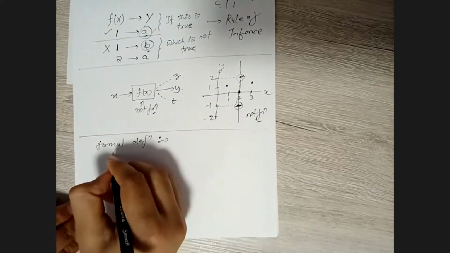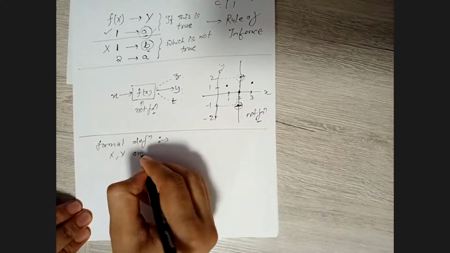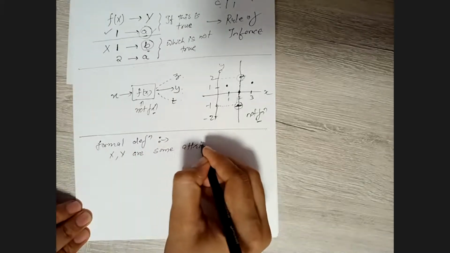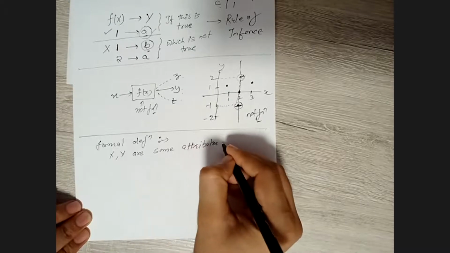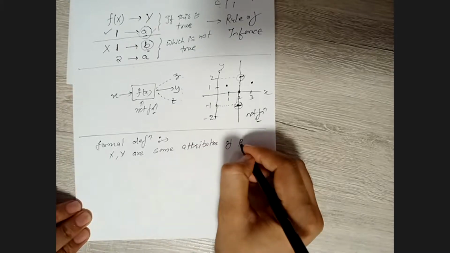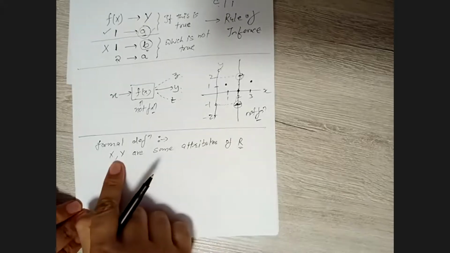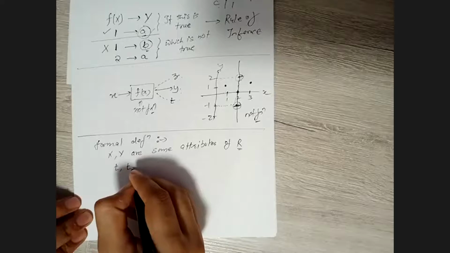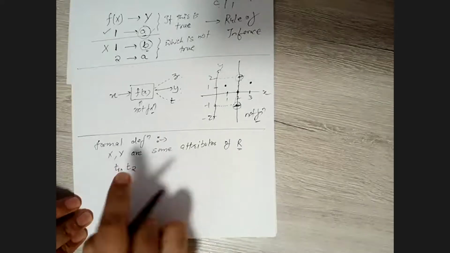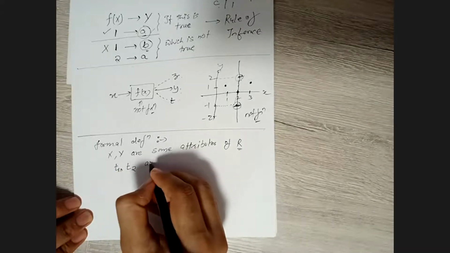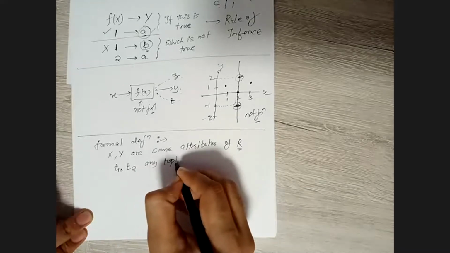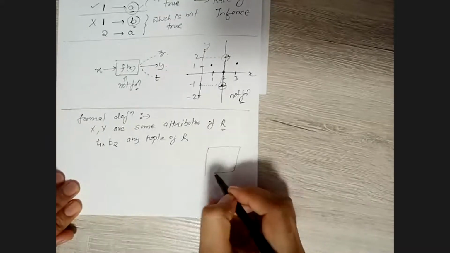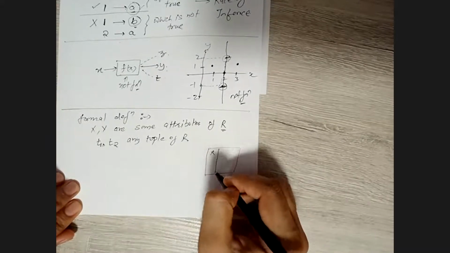So we can move on to the formal definition of functional dependency, how we write whatever we have understood. As I told you, let's say X and Y are some attributes of relation R. Now let's say two imaginary tuples T1 and T2 are any tuples of relation R. For example, this is a relational database table, and X and Y are some attributes.